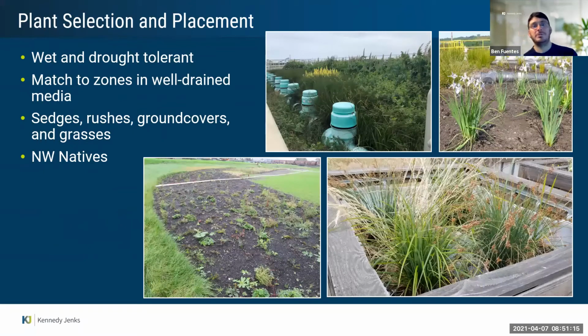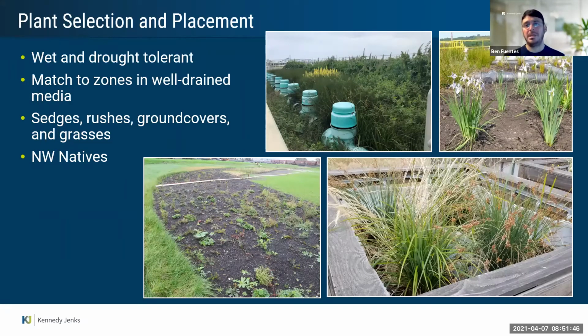As you work through your media selection process, maybe through pilot testing or column testing, you're honing in on a media, and typically after that process you settle on the media mixture you'd like to look at. You start thinking about the plants and going through the process of selection, identifying what plants are most appropriate for your setting, for the stormwater quality, for the hydrology in the area.